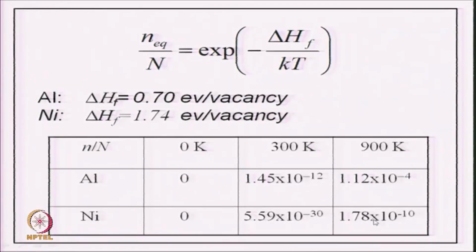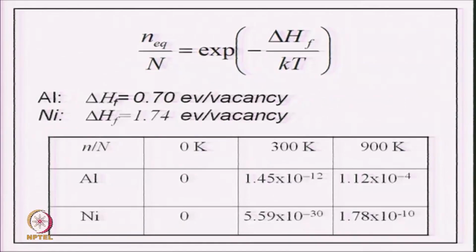But you can see that at most reasonable temperatures, at room temperature for example, aluminum has only 1 in about 10 to the power 12 sites vacant. And similarly, nickel will have about 5 in 10 to the power 30 sites vacant.